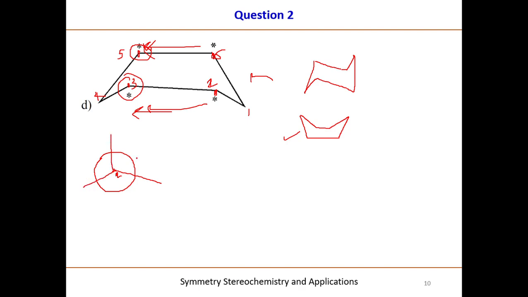First write this way, 3 substituents, and the backside also has 3 substituents, right? Now draw the other one. You can see here these two are in plane, 5 and 6 are in plane, but 5 and 3 are joined by carbon number 4. This 4 is a substituent on the third carbon, that means the backside one.